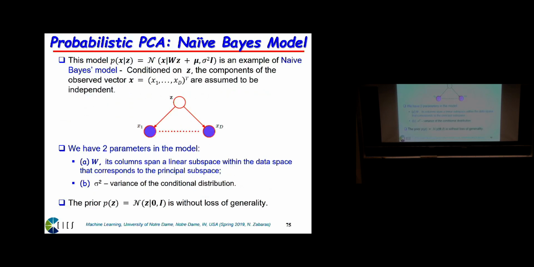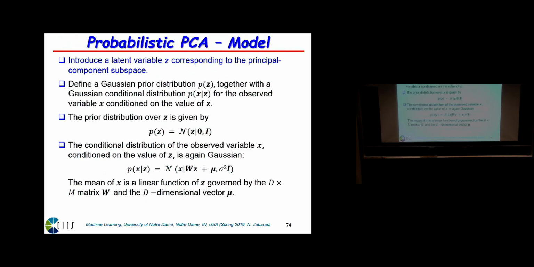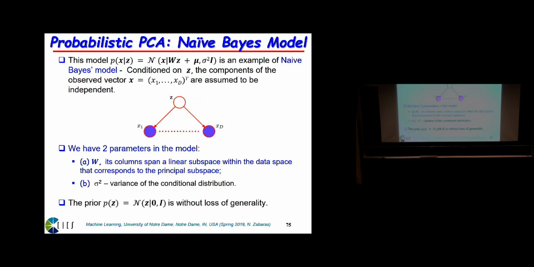Just, when you look at this slide, these two equations are really defining a naive Bayes model the way we have seen it, because given Z, the X components are independent. All right, so really this is a nice application of a naive Bayes type of model, which means it's not very sophisticated, right?